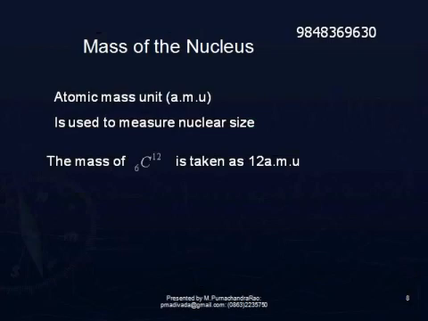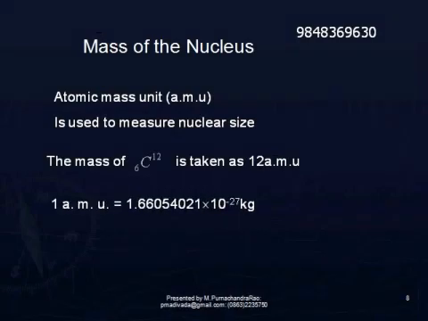We assign 12 atomic mass units as the mass of the carbon-12 atom. So we get the value of one atomic mass unit as 1.66054021 into 10 to the power of minus 27 kg.